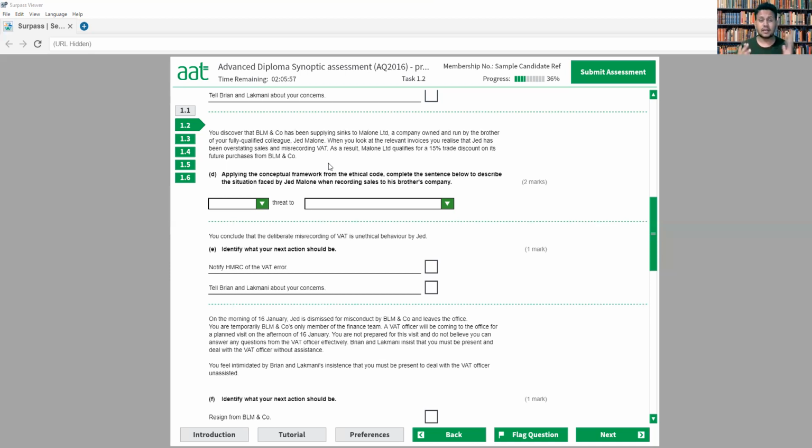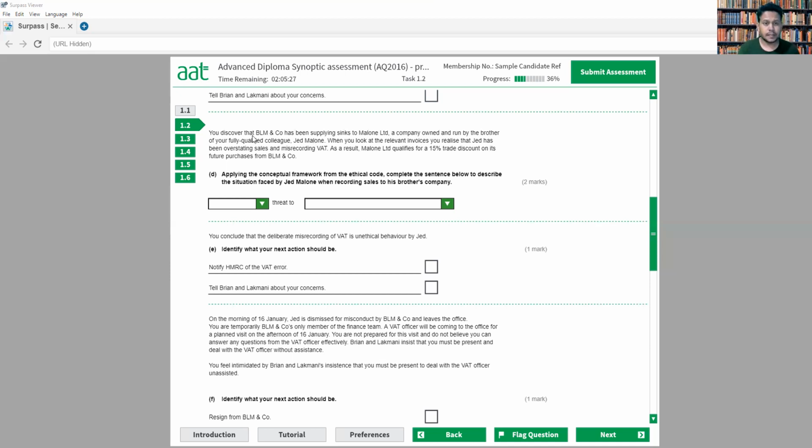So what happened is your brother is the owner, and he is showing more on the invoice. If you show more sales, for example, he's qualified for some discount, and as a result Melon Limited qualified for a trade discount on the purchases from BLM and Co. So obviously this is the transaction.